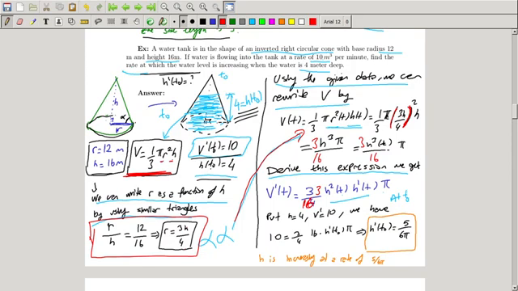Put h is 4, we have 16 and 16 canceling each other, and here we have 9. So h'(t) will be 10 over 9π. Here again 10 over 9π.